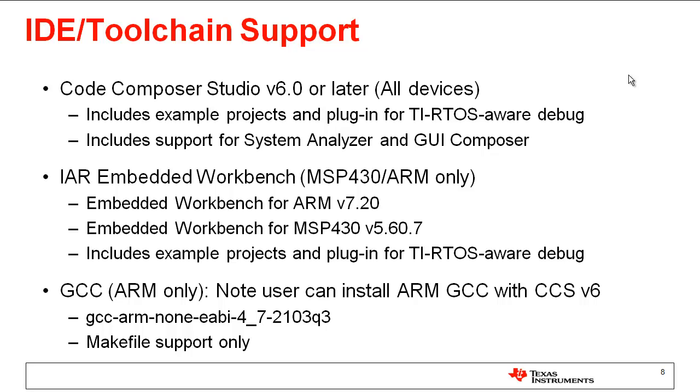And then we also have GCC support. We use the ARM GCC compiler, and we now give you an option to install ARM GCC with Code Composer Studio, so you can choose to develop with Code Composer Studio with either the TI ARM compiler or ARM GCC. There we have both makefiles, and we also have CCS projects if you want to use those.